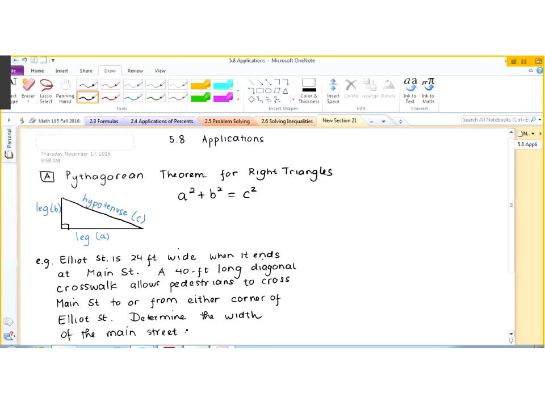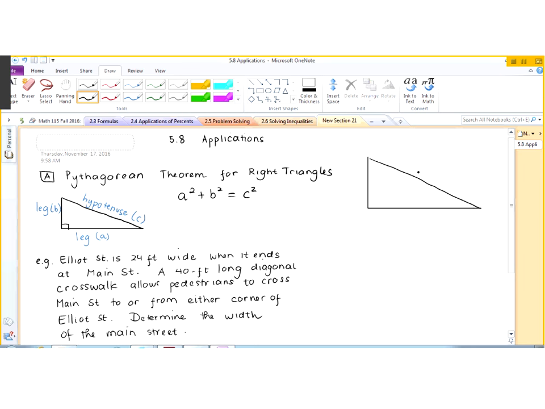All right, so we're going to draw this. What are we drawing? A triangle with a diagonal. So what do we know about the diagonal?